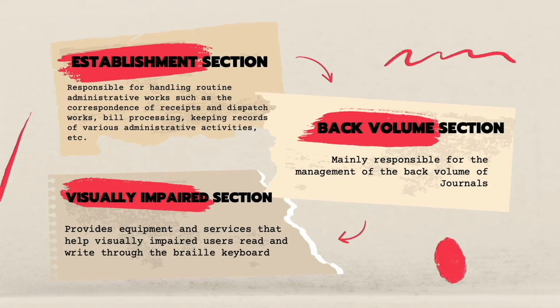It is mainly responsible for the management of the back volume of journals. And the visually impaired section. The academic library has created a separate section named Visually Impaired Section, particularly for visually impaired users. This section provides equipment and services that help visually impaired users read and write through the Braille keyboard.